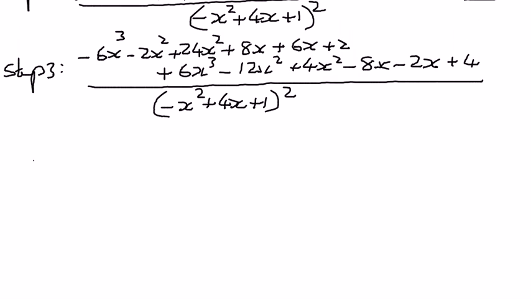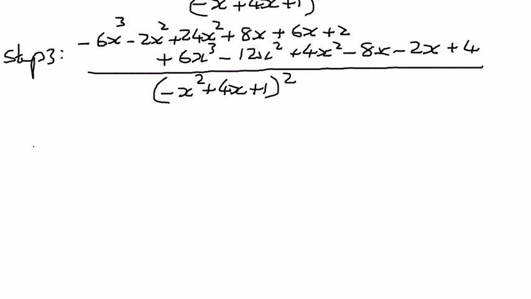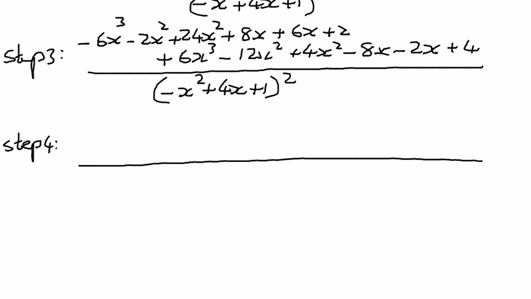Now we are ready to collect the like terms, and in this step number 4 we're going to do that process. In here we're going to collect the like terms, and the highest power is x to the power of 3. So we see that there is a negative x to the power of 3 and a positive x to the power of 3, those cancel out, so we are left with the following things.